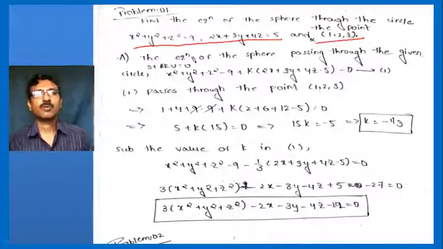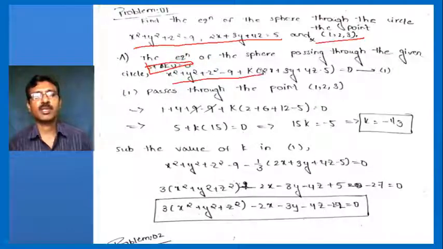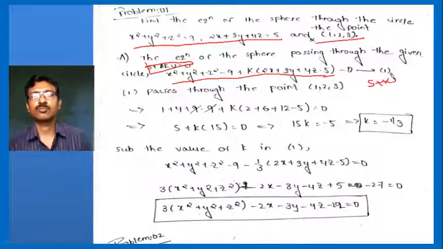So we use the first formula, the equation of a sphere passing through the given circle, which is S plus k U equal to 0. Here U is the equation of the plane and S is the equation of the sphere.